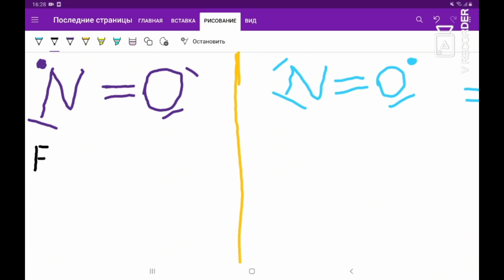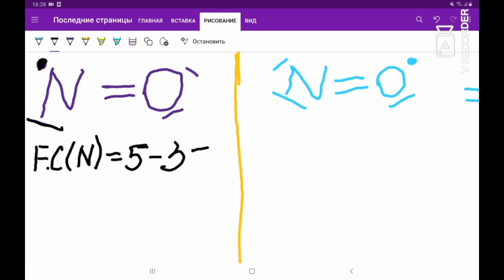Here, the formal charge for nitrogen will be, as we say, the number of valence electrons, it's 5, minus the number of free electrons around it. We see that there are 2 here and 1 here, overall 3, minus the number of bonds, 2. We get 0. So the formal charge of nitrogen is 0 in this case.